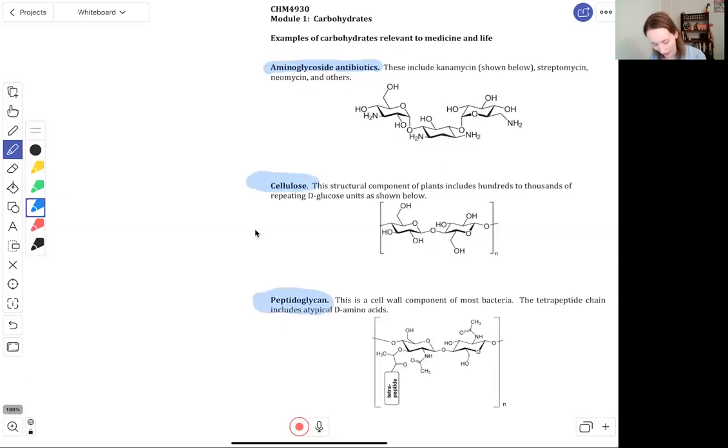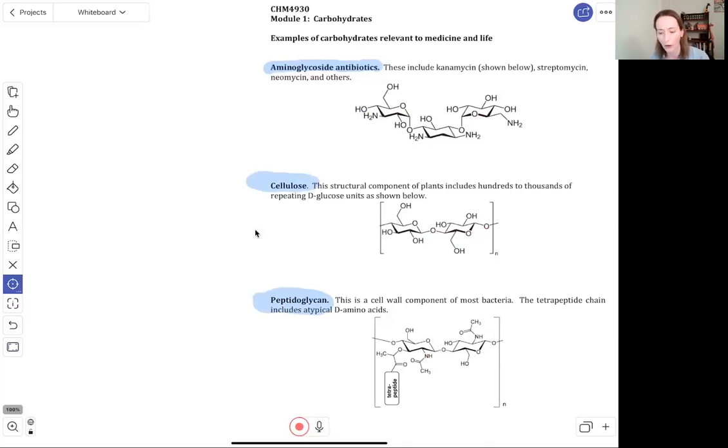And interestingly, in addition to containing these carbohydrate components, which are shown here by these sugar units that I'm circling, these rings, we also have a variety of peptides present that I'm not going into detail on here since our purpose is carbohydrates in this unit. They will contain D amino acids, unlike the common L amino acids that are the building blocks of proteins we talked about in the last few videos.